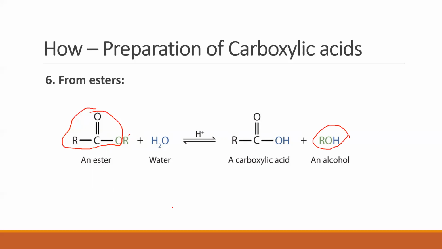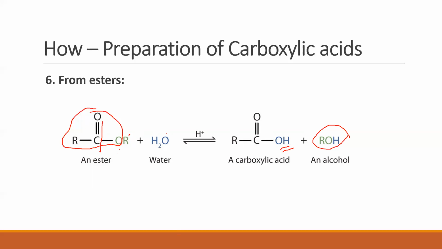Clear? Which means, where is that OH coming from, or where is the oxygen for the carboxylic acid coming from? It is not from here, it is in fact from water. So water breaks into H plus and OH minus. This compound also breaks into two parts. Now how does it break? It actually breaks here.